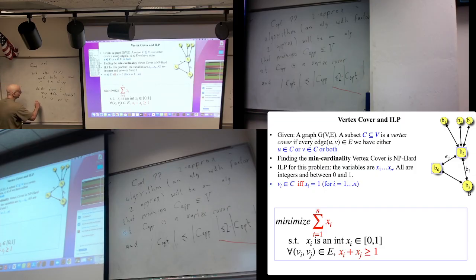And if E is still not empty, then go back to the start and repeat until you hit all the edges.